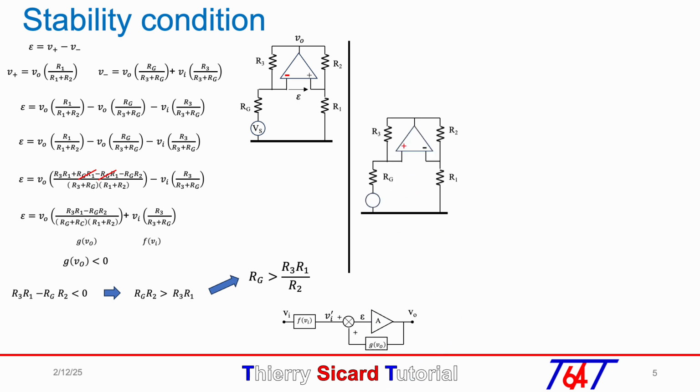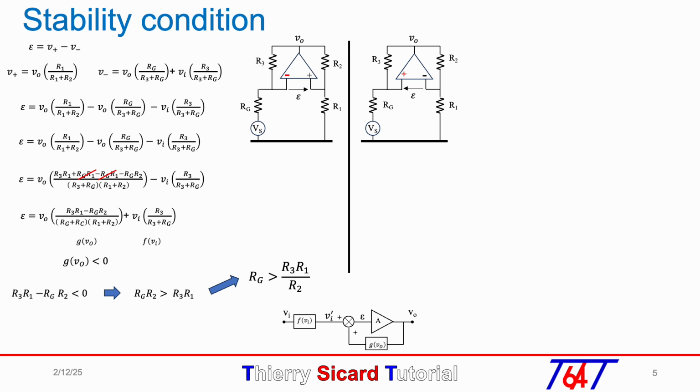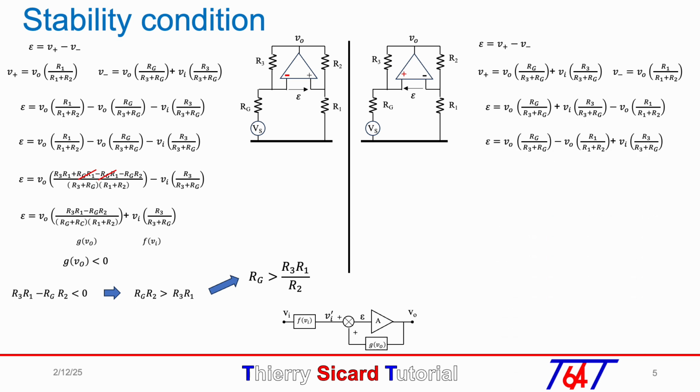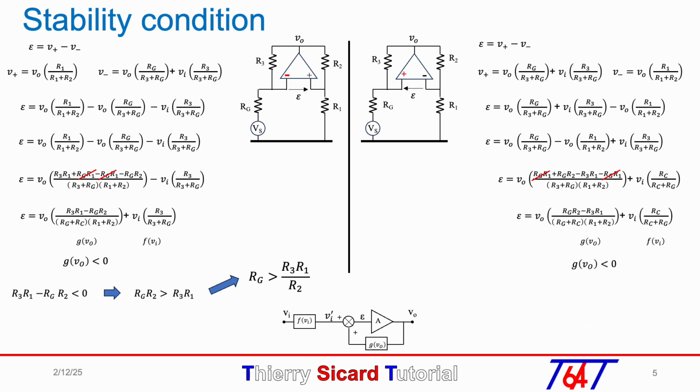We do the same calculation for the second schematic, where the source voltage Vs is connected to the non-inverting input. We arrived at the stability condition that Rg R2 minus R3 R1 must be negative, so Rg R2 smaller than R3 times R1.